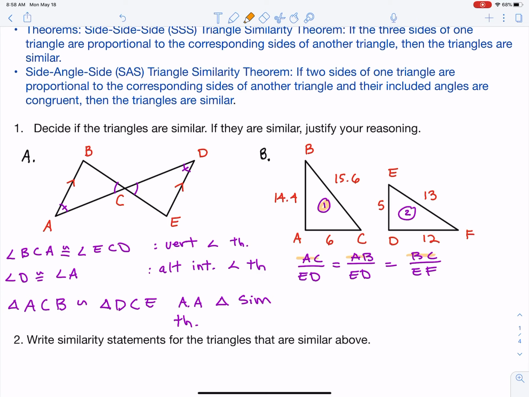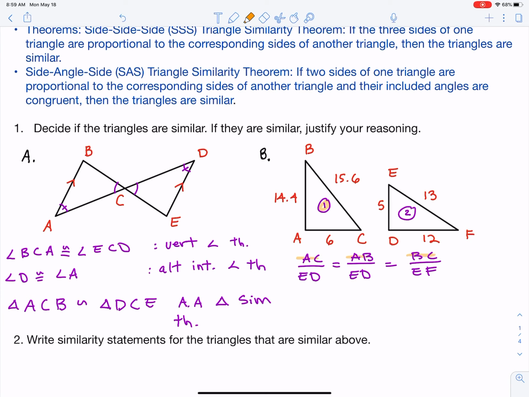I shouldn't say it that way. What has to be true is that you stick with the same triangle always on top and the same triangle always on bottom, okay? So that's really important. You can't mix. I can't say, for example, AC is to ED, but then switch around and say EF is to BC, because then I've switched my stuff around here.